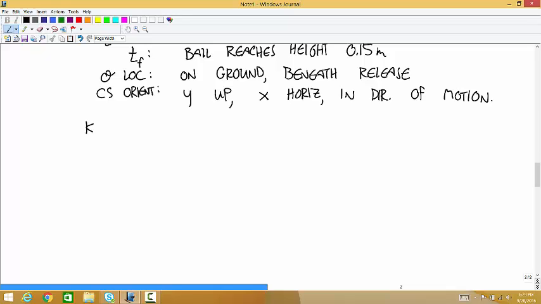And now we're going to list out what we know and want. Do we know time final? No. If we can get by without it, that's fine, so I'll leave that off. Acceleration, this is a free fall problem, so AX is 0. AY is negative 9.81.